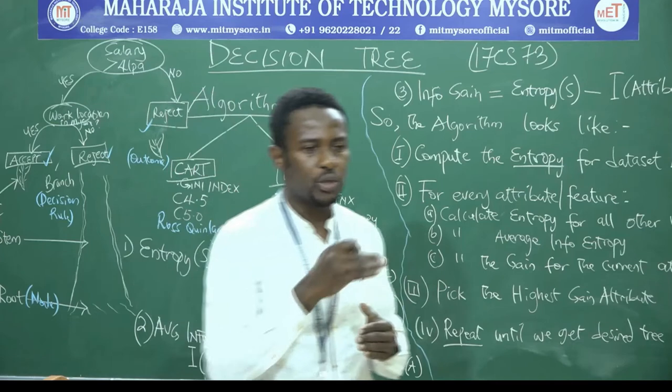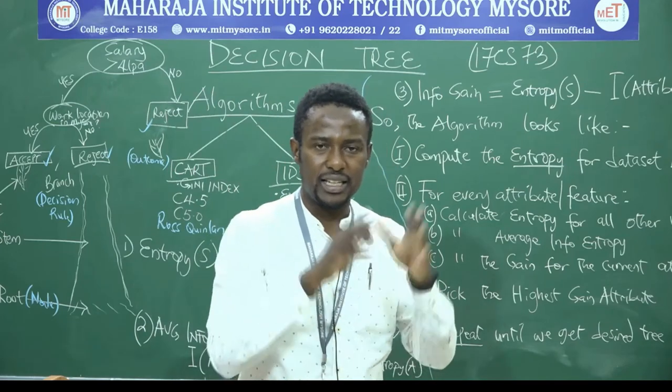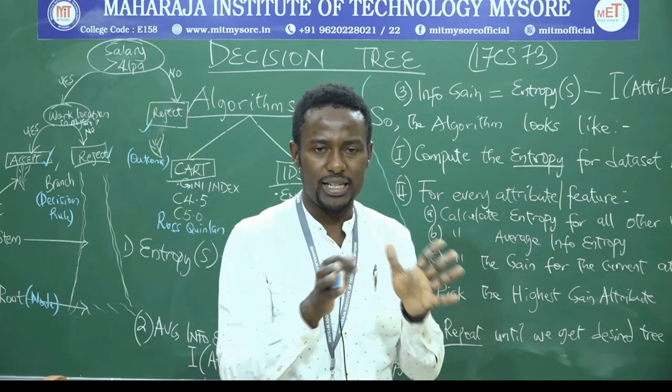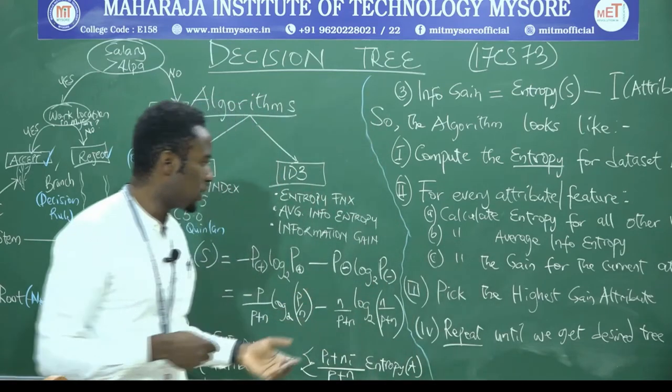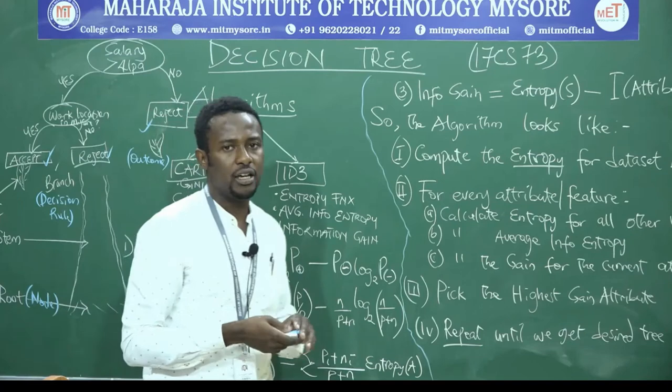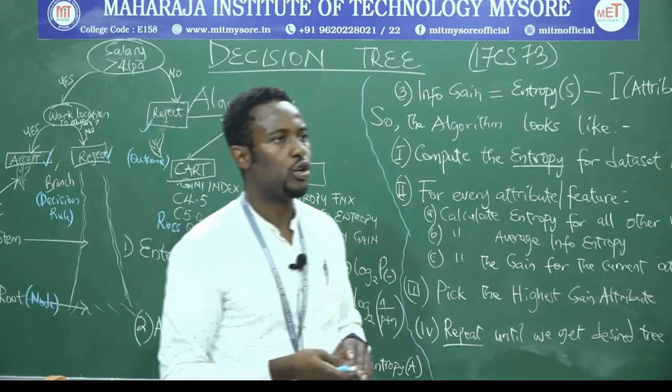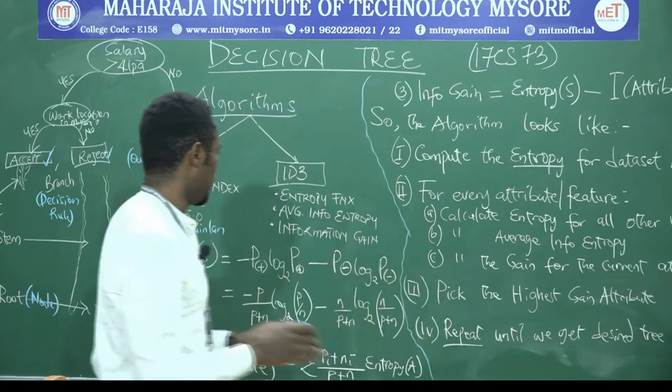So it keeps repeating by dividing the entire data set into subsets and calling the functions until we get the desired tree, or the desired pure subset.